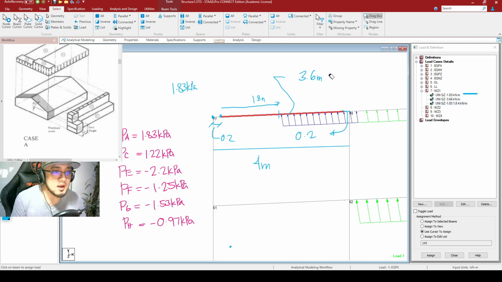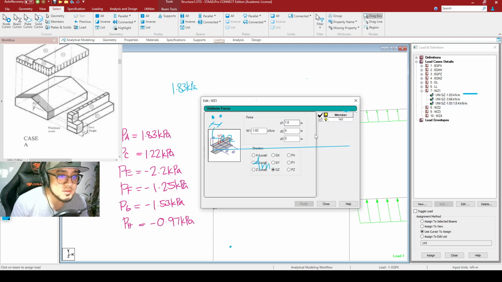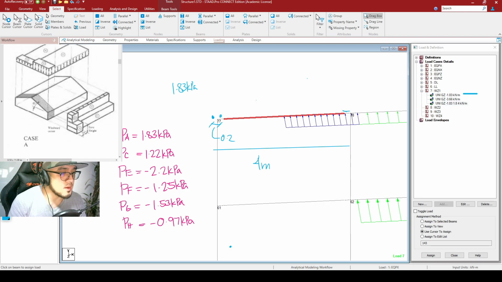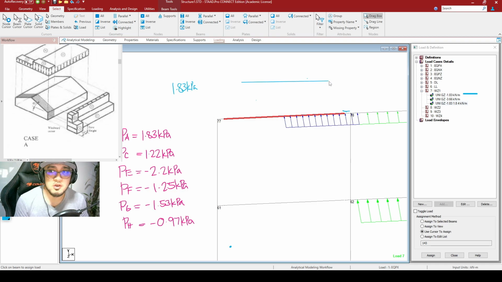What we would be doing here is reassigning our D1 and D2 in this particular interface right here. For us to do that, I would just be erasing everything once again. So this is your new beam, which is 3.6 meters. An offset was already applied here, so 3.6 meters. And the original node to node distance is 4 meters.